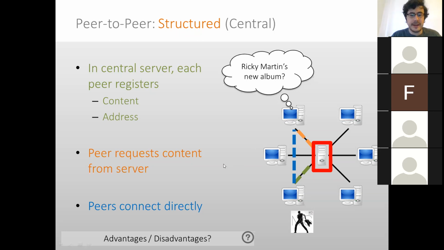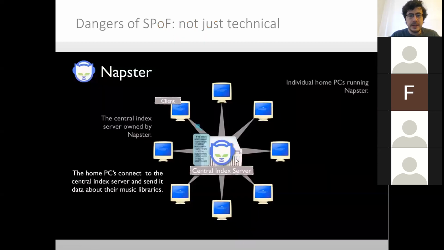But in this case, it's a big problem. This node can go down and then the entire network will fail. So this has been a problem. If you've heard of Napster, it was a file sharing site where essentially there was a central index used to remember which clients contain which data, right?